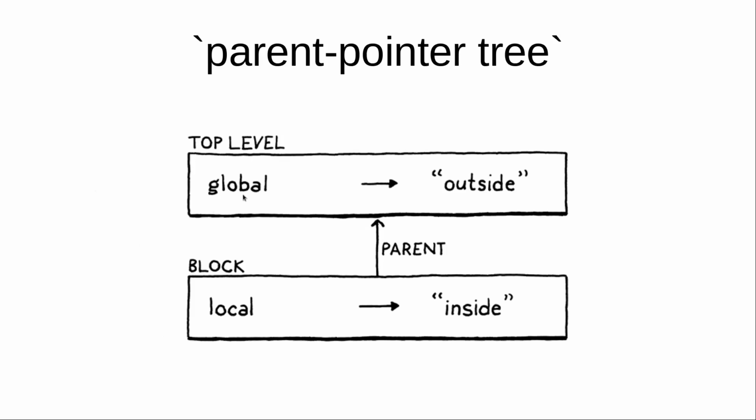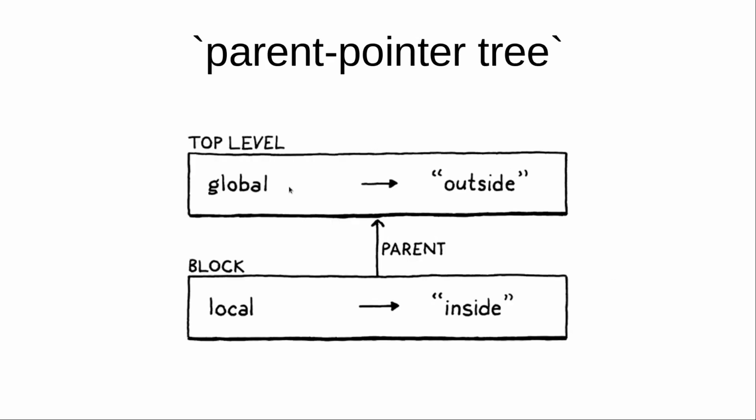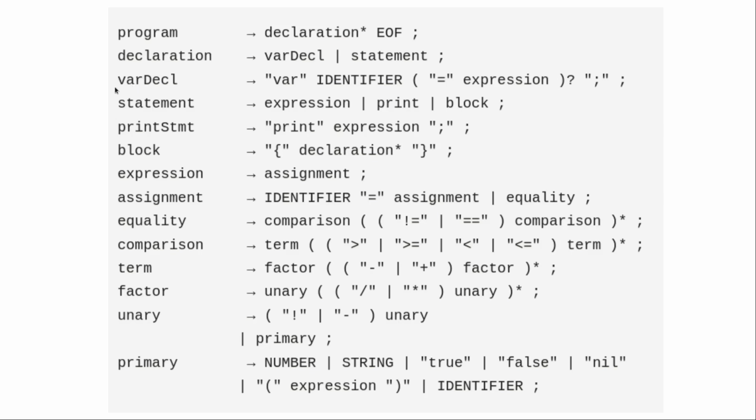In this case, the top level scope is global and everything outside of the block. And with just these two things, an environment to store our variables and a parent pointer tree, we're able to add in variable declarations and add some state to a programming language.